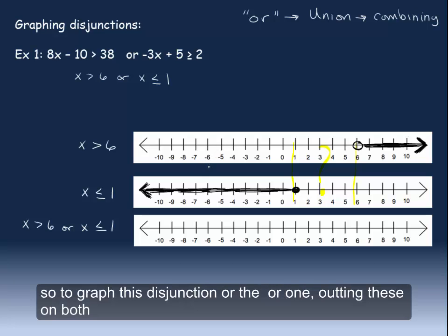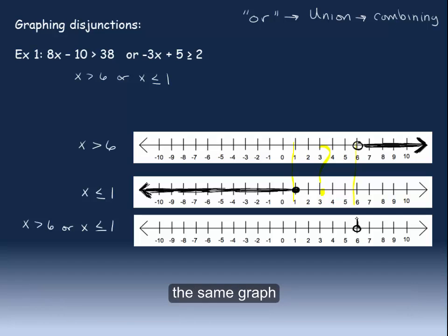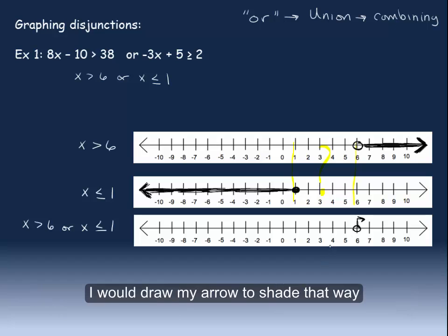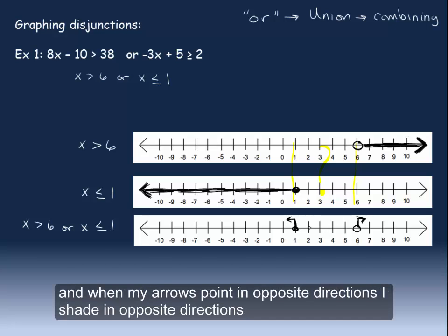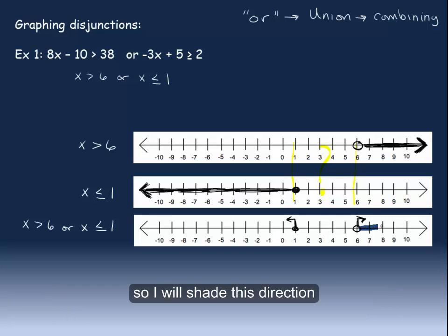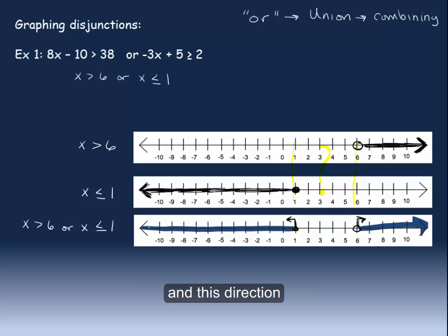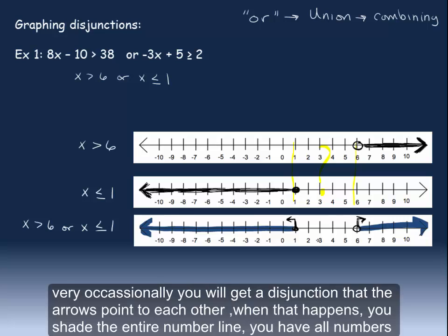So to graph this disjunction, putting these on the same graph, I would draw my arrow to shade that way, and I would draw my arrow to shade this way, and when my arrows point in opposite directions, I shade in opposite directions. So I will shade this direction and this direction. Very occasionally you will get a disjunction where the arrows point to each other. When that happens, you shade the entire number line. You have all numbers.